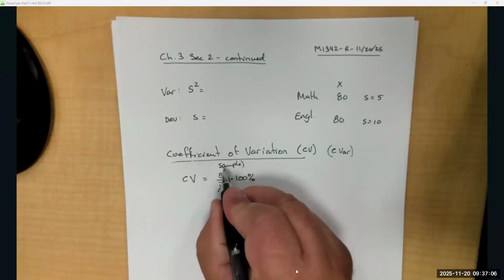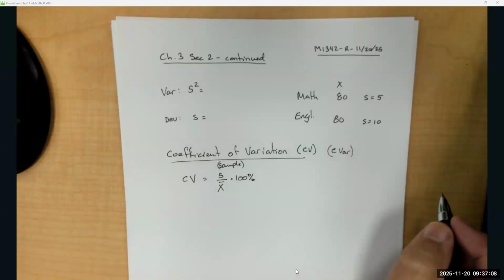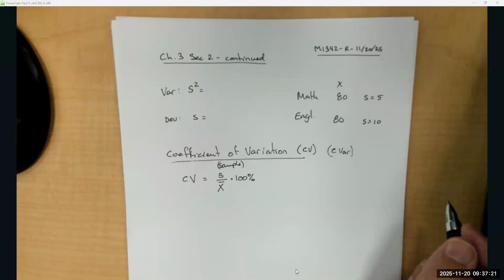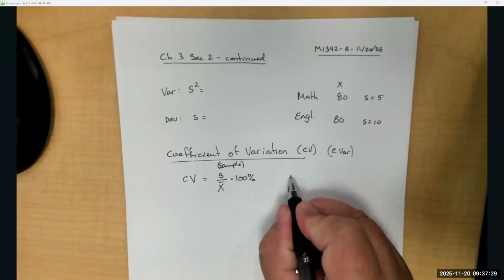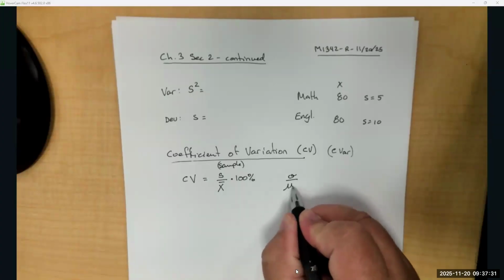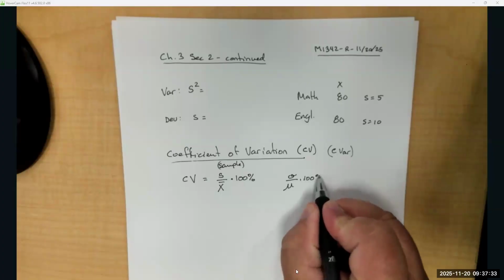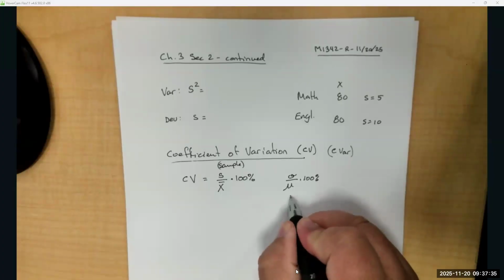How do we know that's for a sample? I know you know the picture. That's called mu.